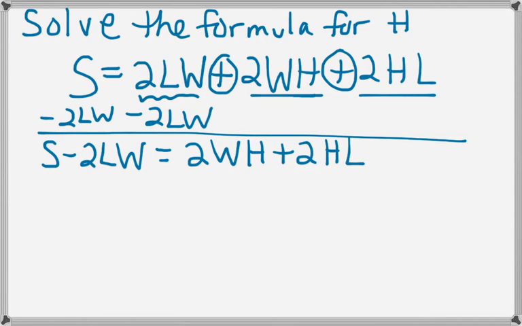Now we need to get H by itself, but we're seeing H in 2 different places, so how do we deal with that? Since now every term on the right side of the equation has an H, we can factor the H from both of those terms. So we can write that right side as H times the quantity 2W plus 2L.